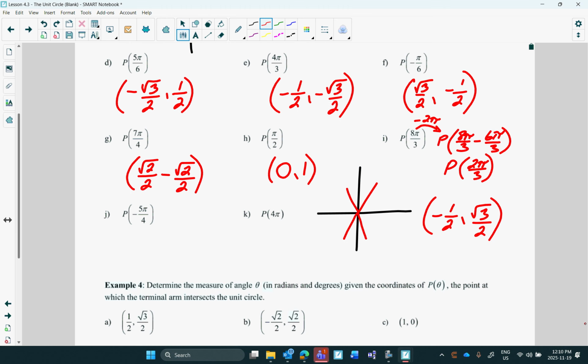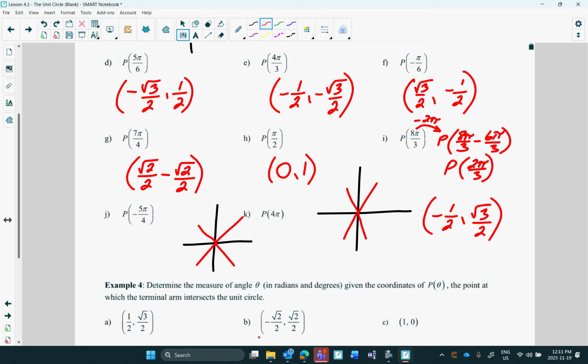Negative 5 pi over 4. You could add 2 pi and get a coterminal angle that's on the unit circle, or you can just think about going backwards. Remember the pi over 4s? Those are the ones that come out in the middle.